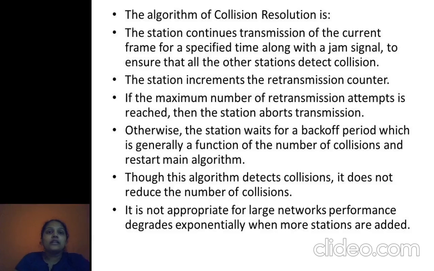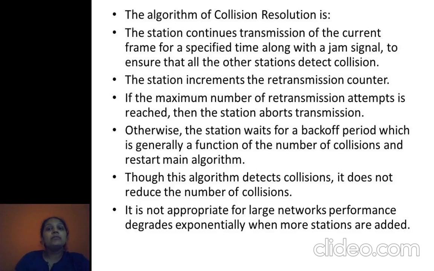The station increments the retransmission counter. He uses the retransmission counter because he wants to understand whether the data is properly sent to the receiver or not. He monitors whether each channel is passed or not, and with that the number of retransmissions is increased.